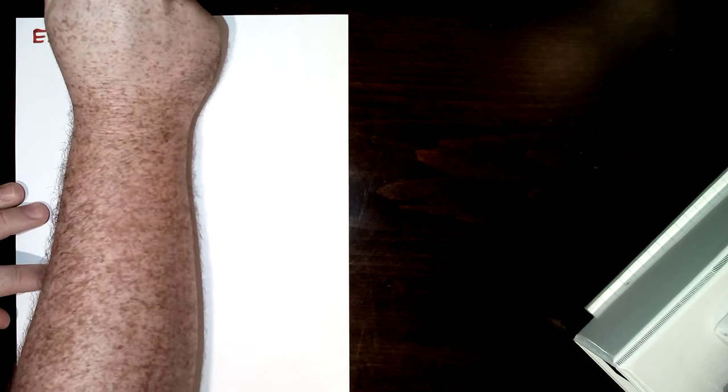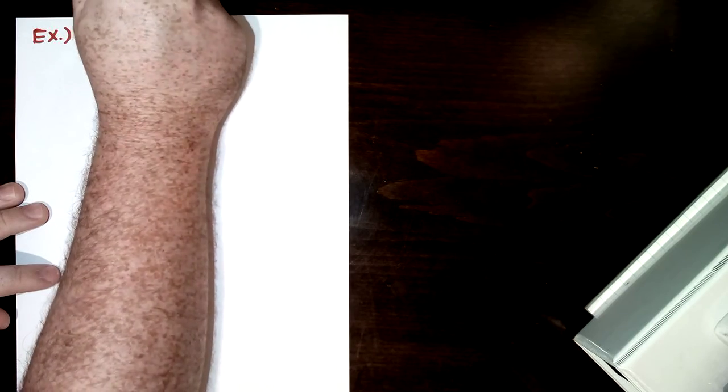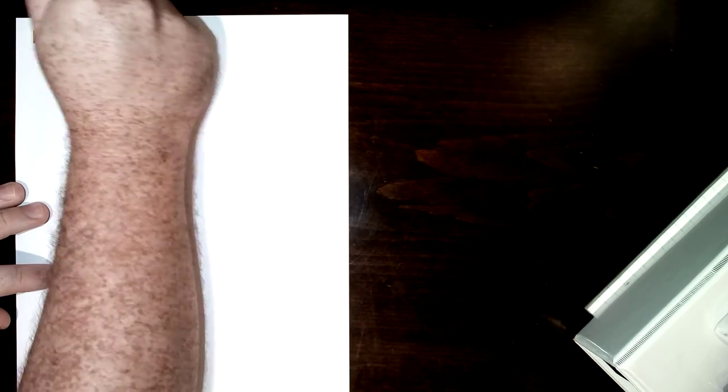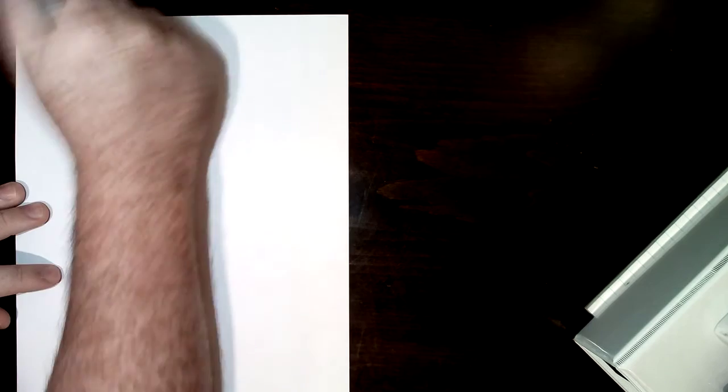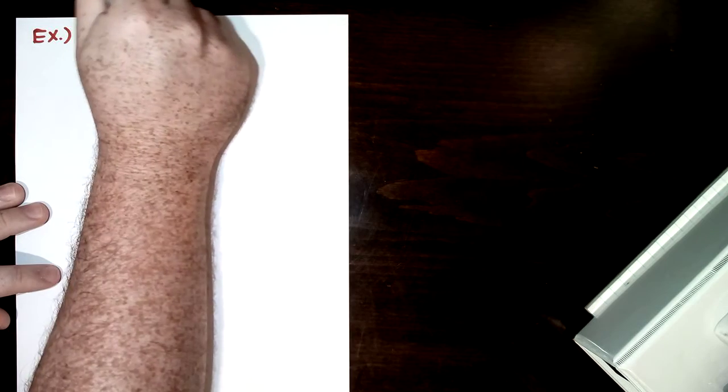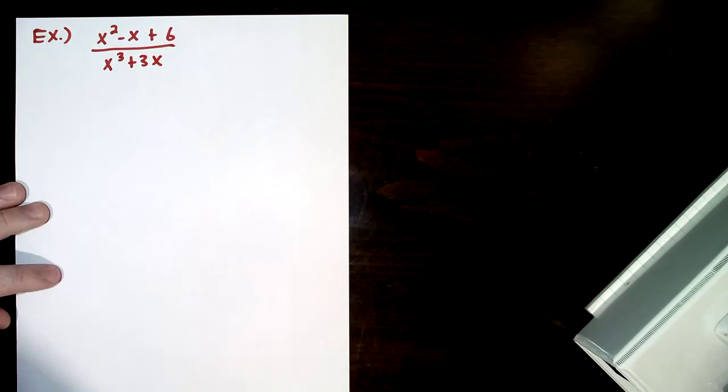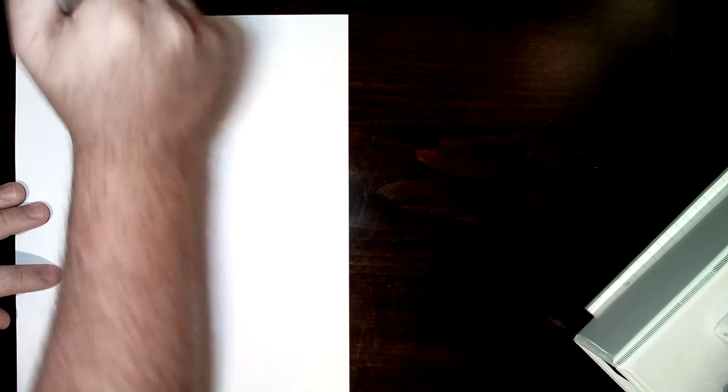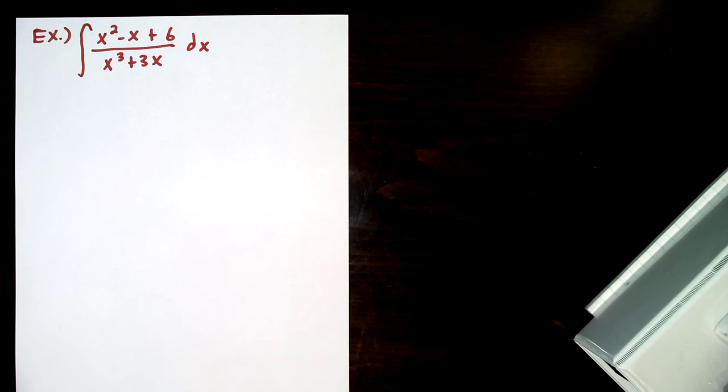In this example, suppose that we're asked to evaluate the integral of x squared minus x plus 6 all over x cubed plus 3x. As you can see, the denominator can easily be factored into x times x squared plus 3. So we'll have a distinct linear factor, and we'll have a distinct quadratic factor.